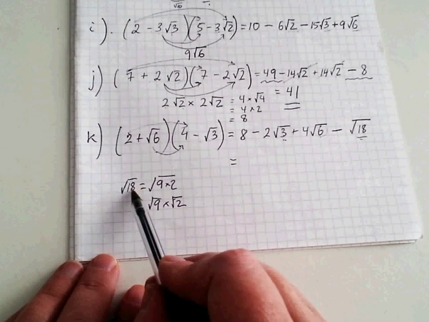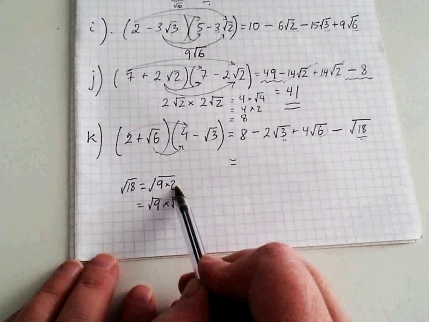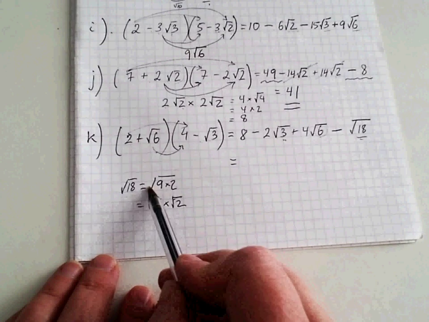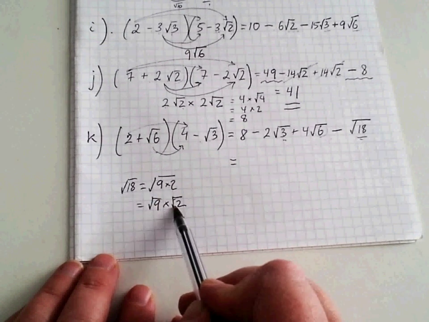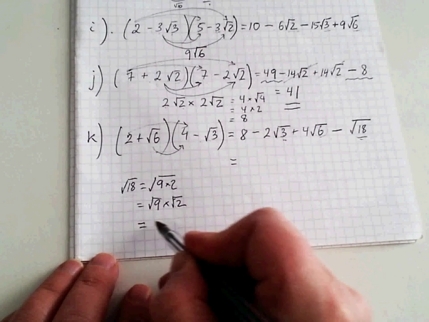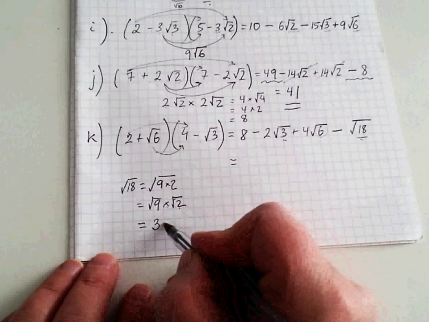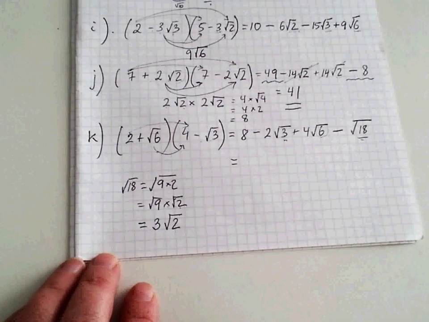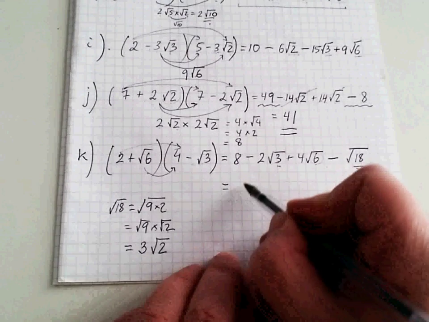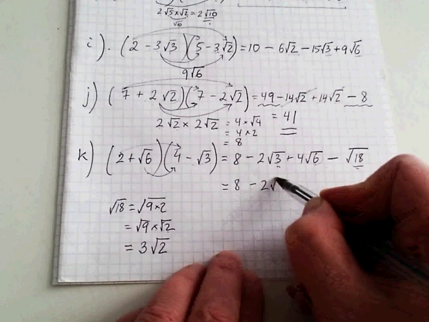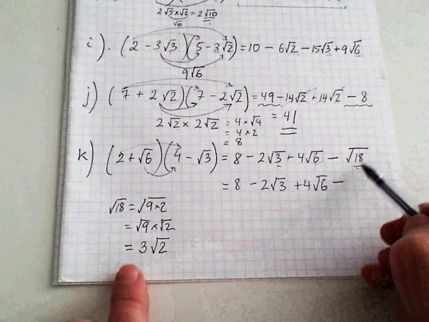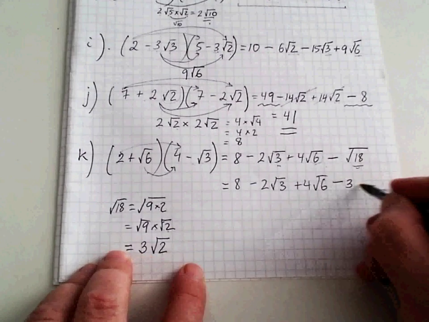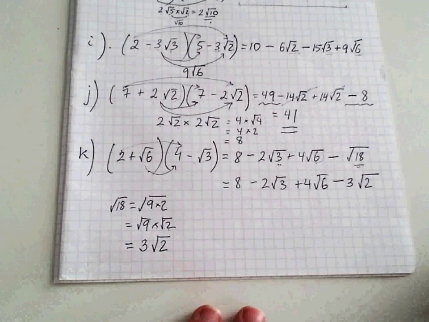If we represent 18 as 9 times 2, then we can write square root of 9 times 2 as square root of 9 times root of 2. So square root of 9 is 3, times root of 2, which is 3 roots of 2. Now let's go back to our expression, rewrite everything we had, and replace our square root of 18 with 3 roots of 2.